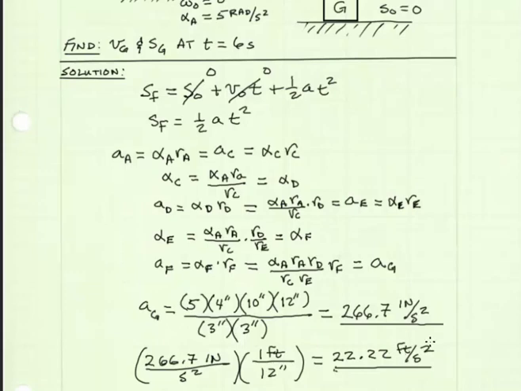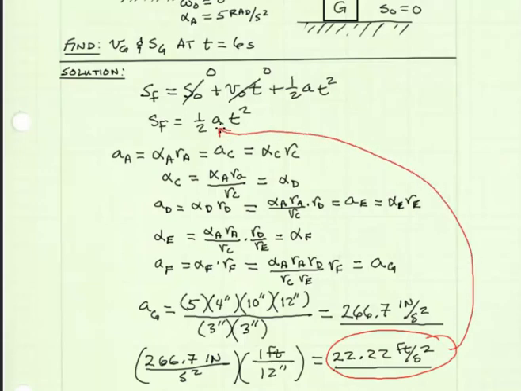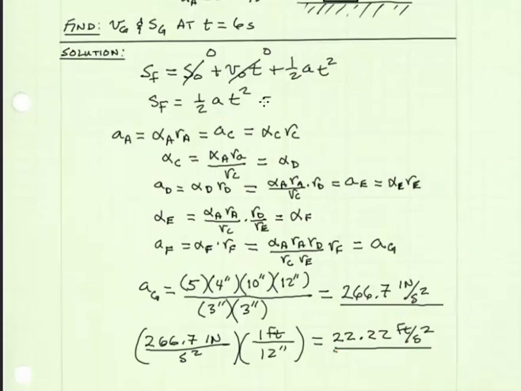Now we're going to take this and plug it into our equation here. So this is equal to 1/2 times 22.22 feet per second squared times 6 seconds squared.